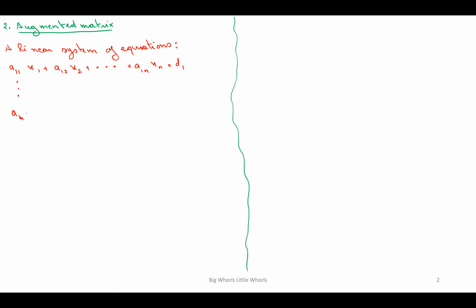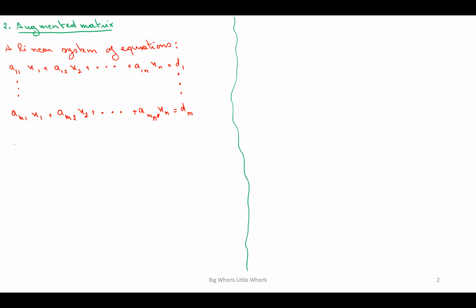You have m rows and n columns. Up to am1 x1 plus am2 x2 plus dot dot dot plus amn xn equals dm. Let's say we have the following system of equations.